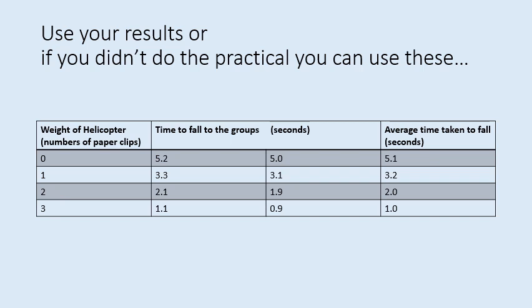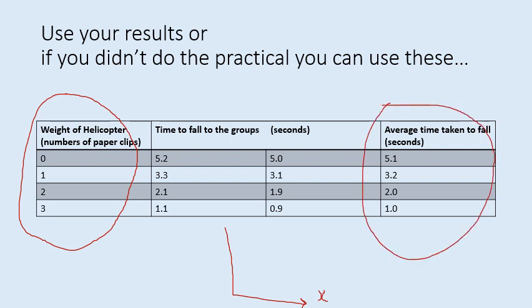When you're going to be using results, you are going to need two columns. You are going to need to use this column here, which in this case is the weight of the helicopter, and that will go along the x-axis here. Okay. And then you are going to use the average time taken to fall.